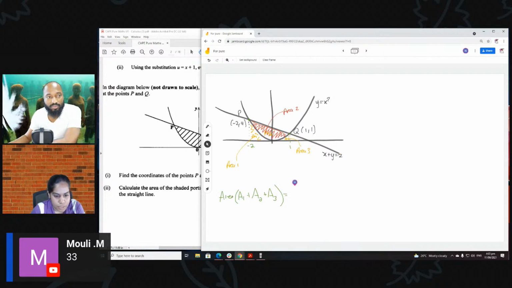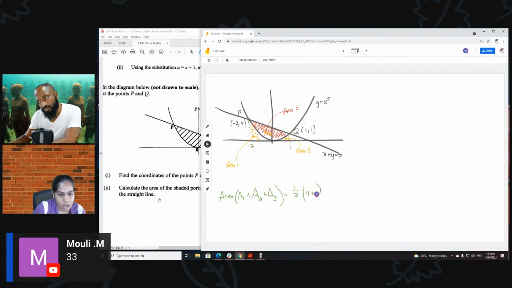Area of a trapezium is a half by (A plus B), the sum of parallel sides, by height. So A would be 4, B would be 1, and your height would be 3. So it's a half by 5 by 3, which would give you 15/2. And that's the area of all of them.